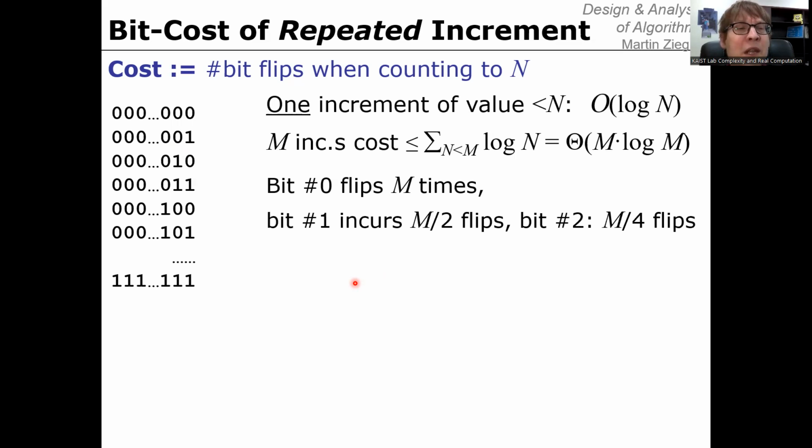And similarly, the next significant bit, the bit number 2, flips on every 4th time. So in m repeated increments, that means m over 4 times does this bit flip.